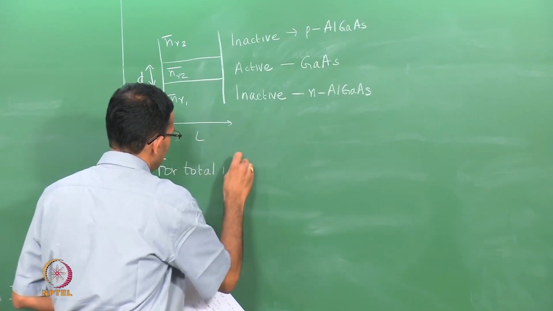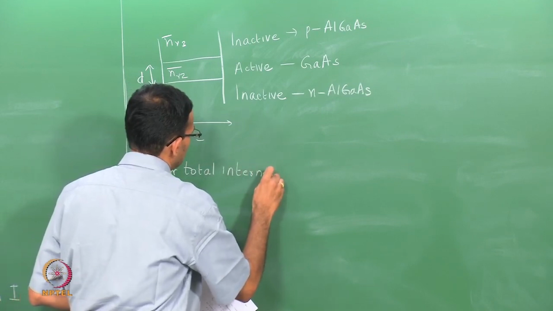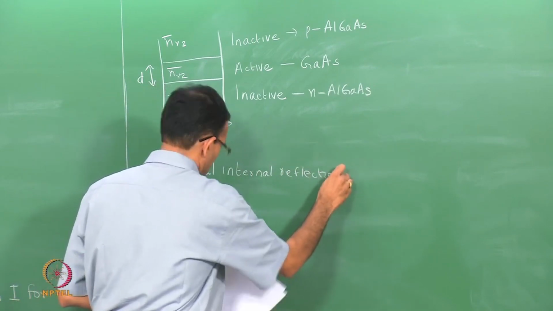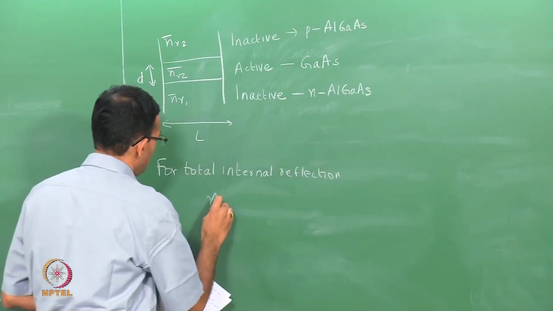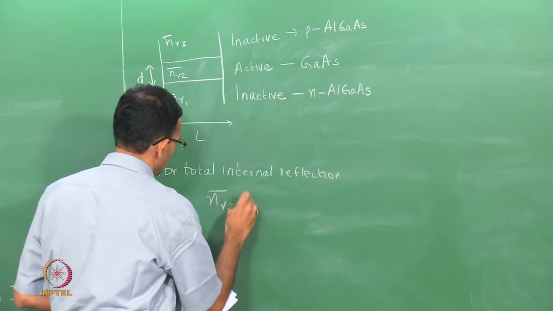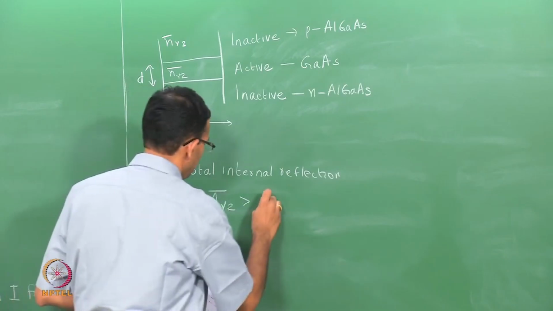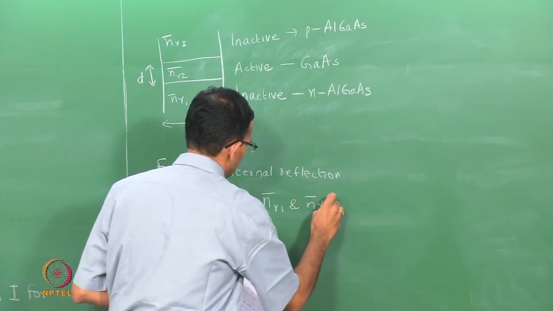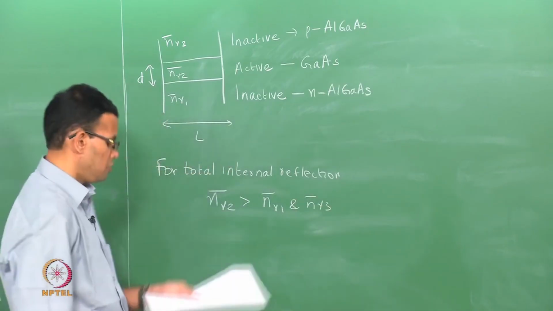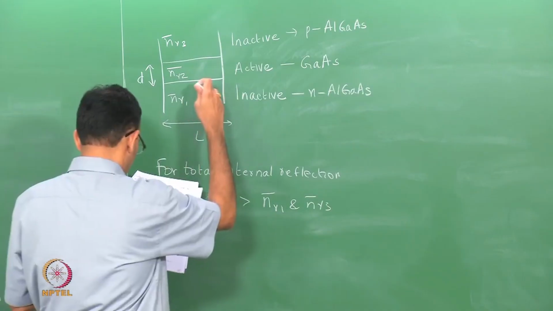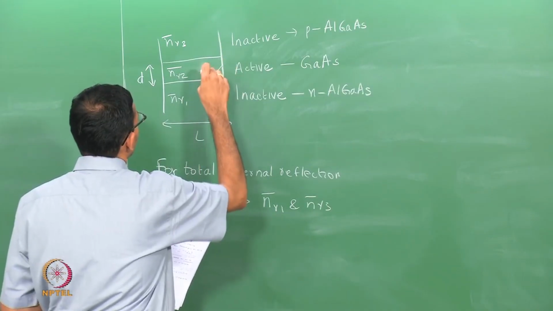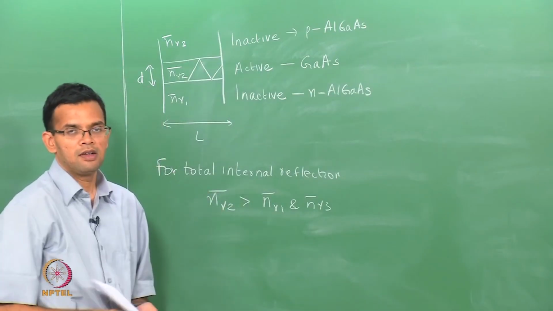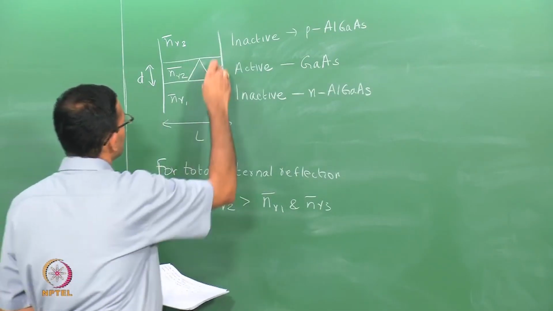For total internal reflection, we want Nr2 to be greater than Nr1, Nr3. So, when this happens, light can just get reflected within the active layer and will not escape outside.